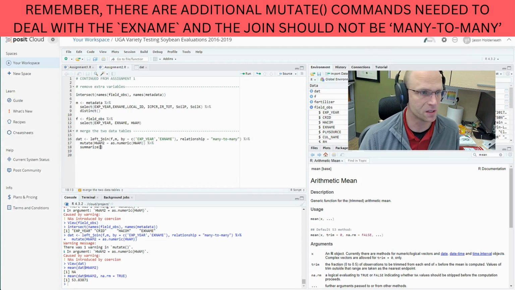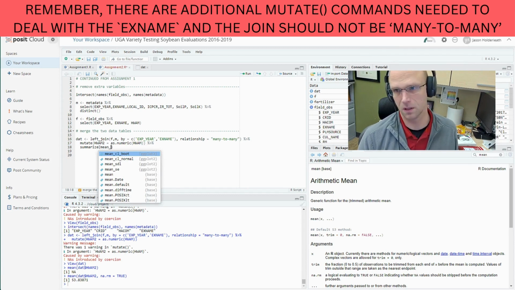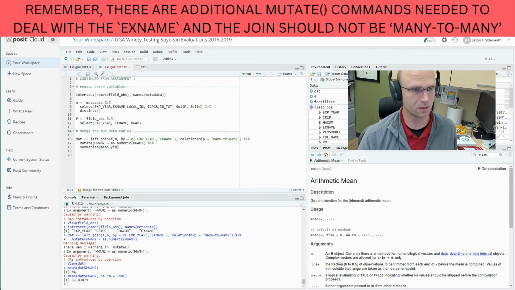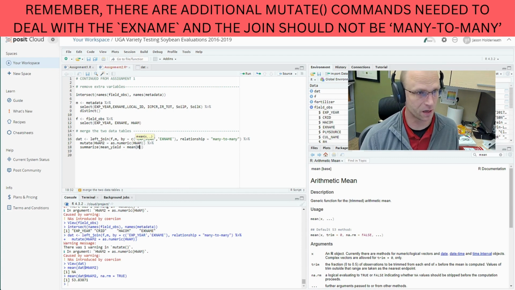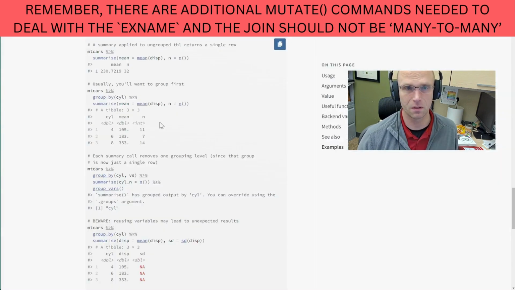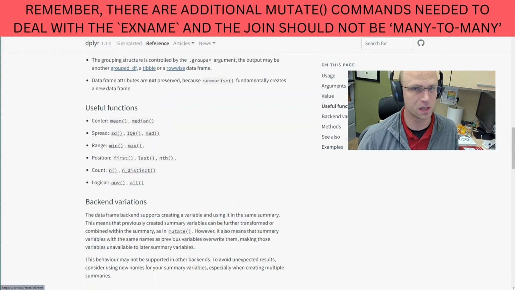So summarize, we'll do mean underscore yield, and that's going to equal mean, and that is our HWAM2, and our standard deviation. What was that again? Up here, helpful functions, SD.